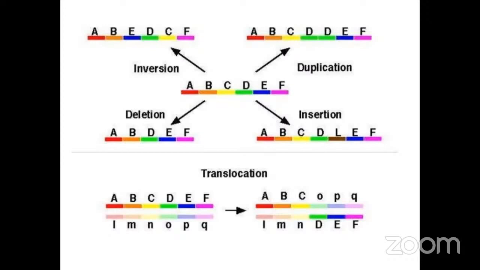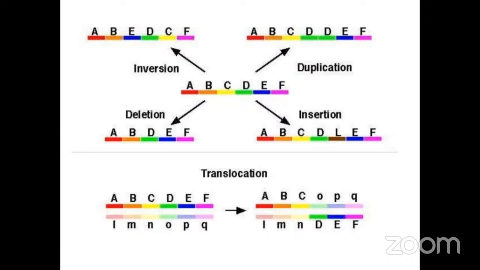If there is an insertion of the L gene, you can find the insertion. So another gene has been inserted there. That is a type of structural aberration. L gene has been inserted, whereas C gene has been deleted.